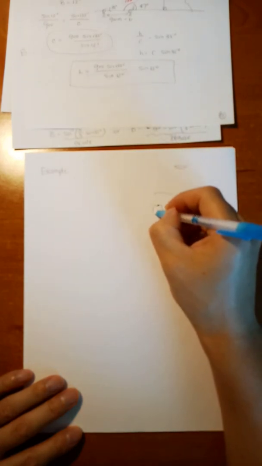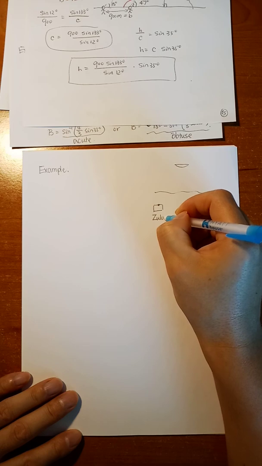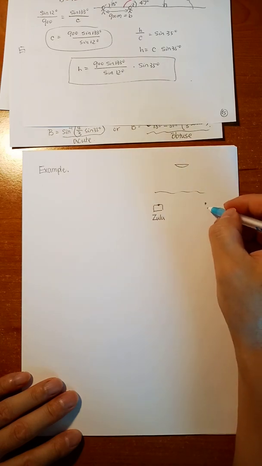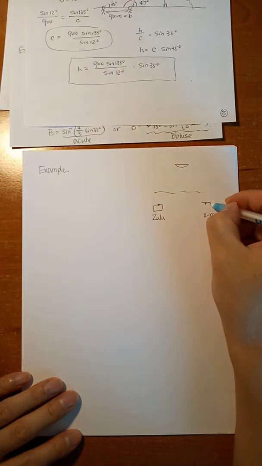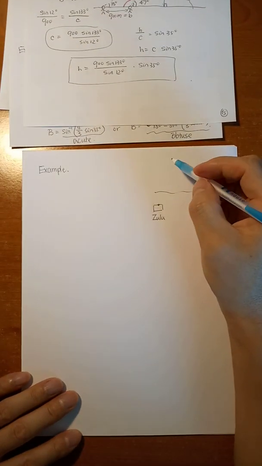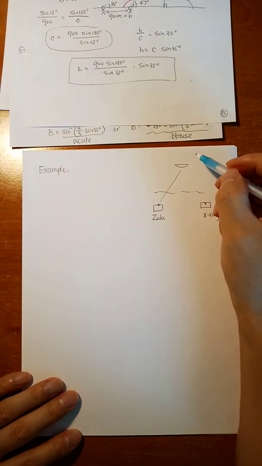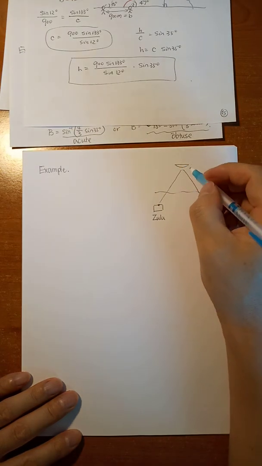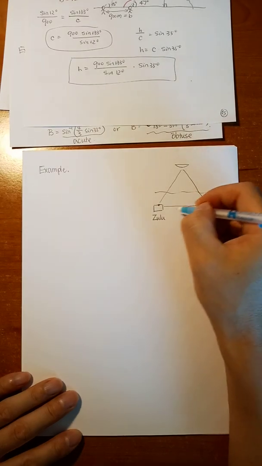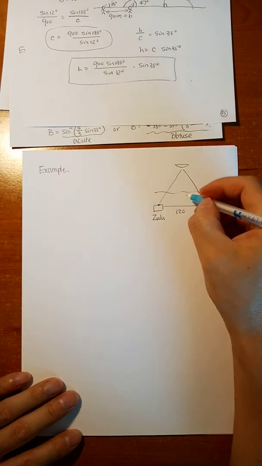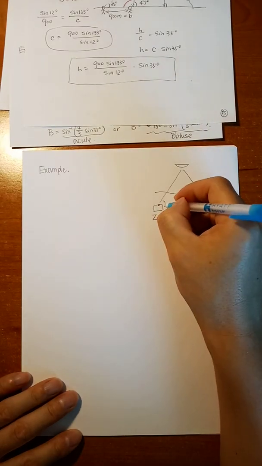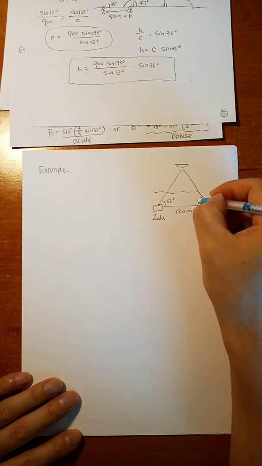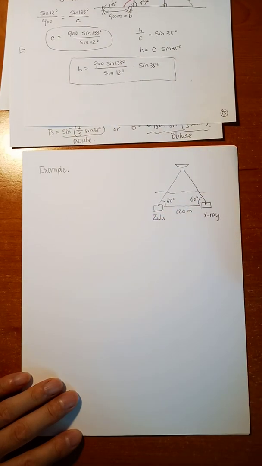Station 1 Zulu, Station 2 X-ray. And they can observe the ship this way. And those two stations are 120 meters apart. Here, this angle is 50, this angle is 60.